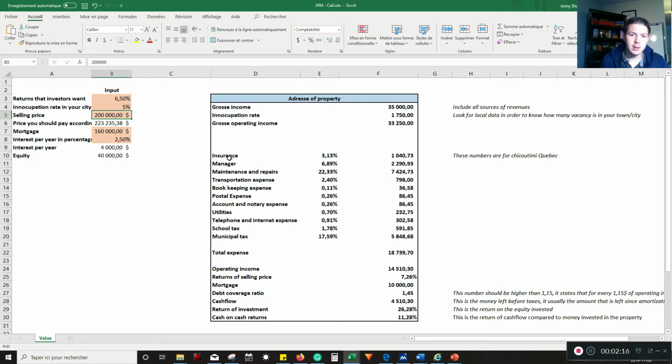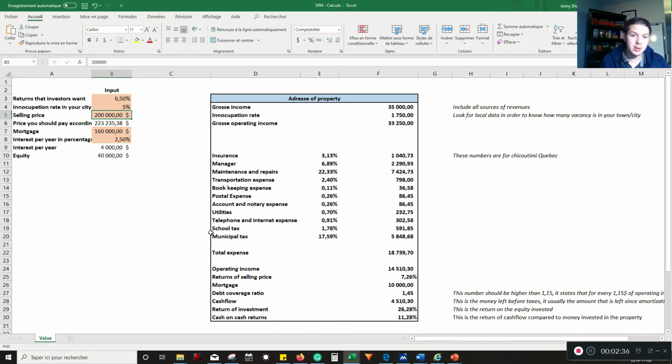And the insurance, not a lot of people make mistakes here because it's pretty simple. A lot of people forget to include the manager's 6.89%.